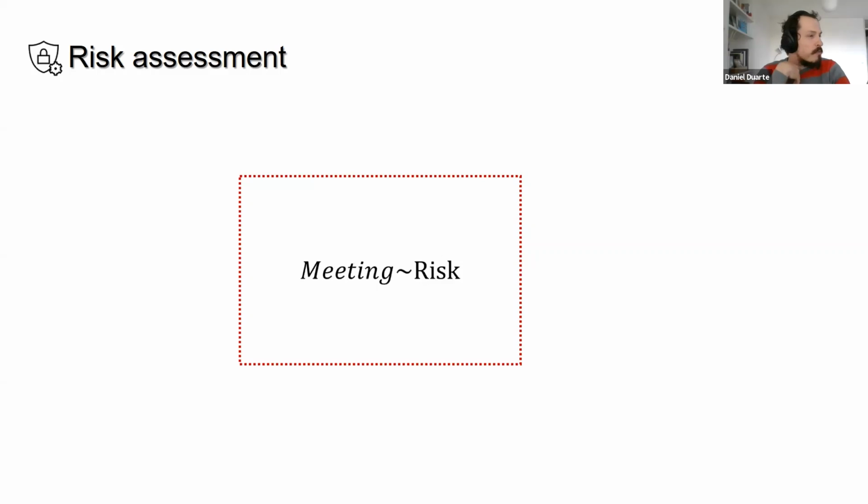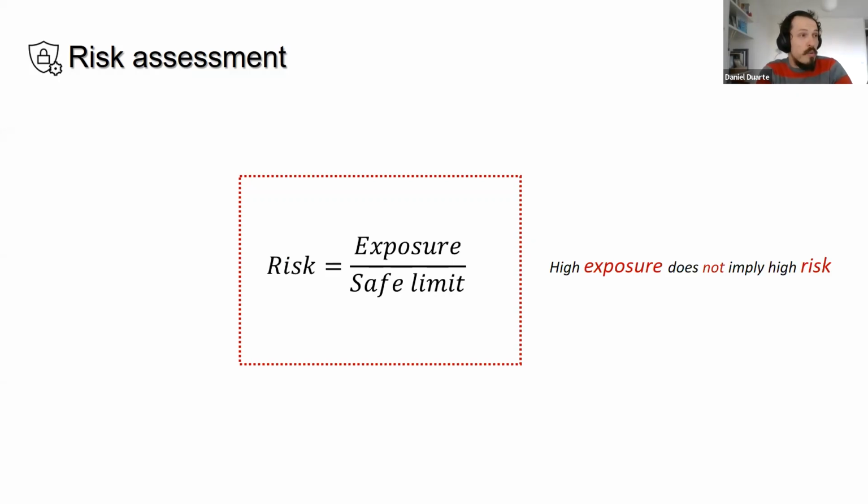That makes me think that it's not that different from calculating a risk, because risk also relies on two essential pieces of information. You need to know the exposure concentration, so the concentration to which a certain organism is exposed, and you need to know which concentration is safe or is deemed as safe.